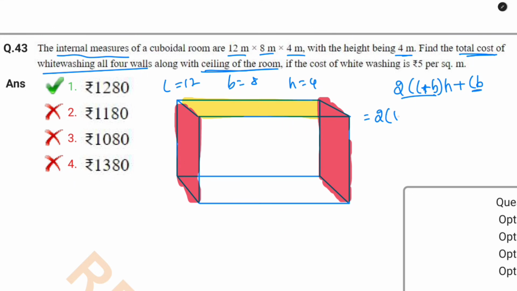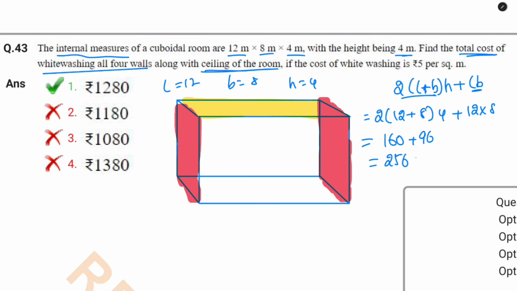So L is 12 plus B is 8, height is 4, L into B means 12 into 8. 2 into 20, 40, 40 into 4, 160, 12 into 8, 96.